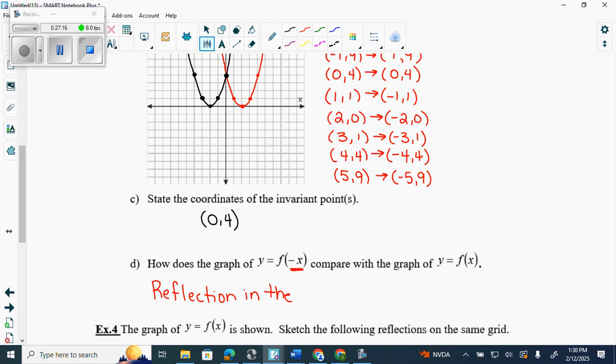So what axis am I reflecting in? The y, right? Like it makes sense. This is going to go over here, this is going to come over here. So it's a reflection in the opposite axis of what you think. If it's a negative x, it's a reflection in the y-axis because I'm making my x's negative. So the negatives will become positive and the positive ones become negative, and you reflect in that y-axis.